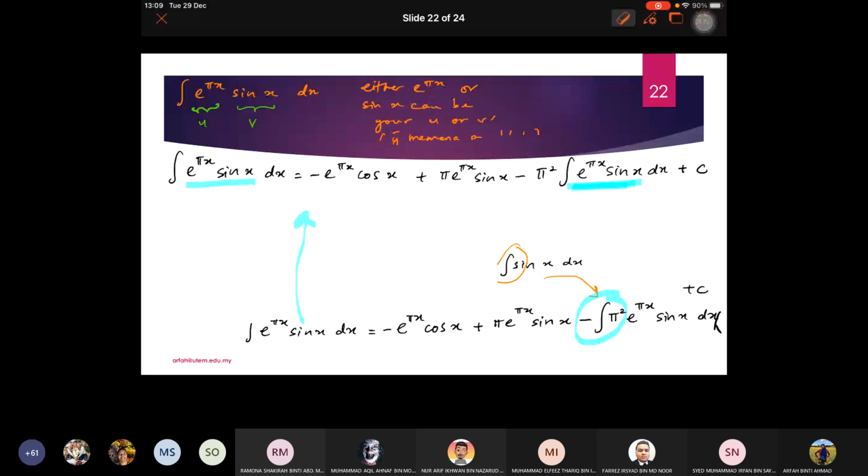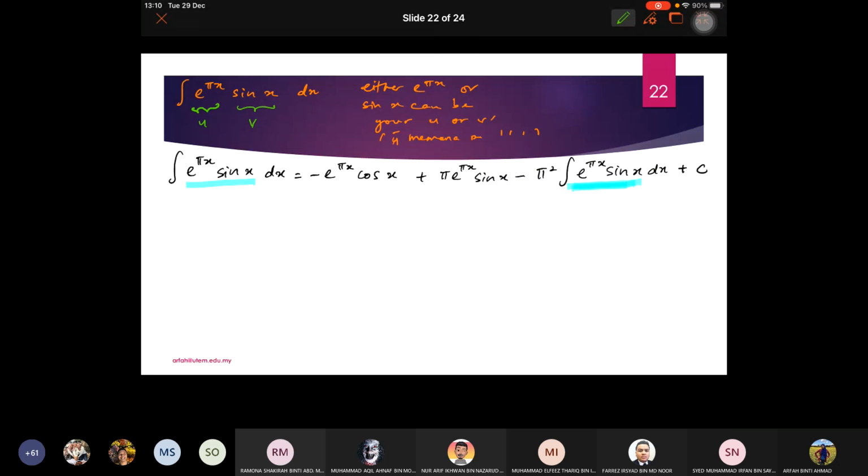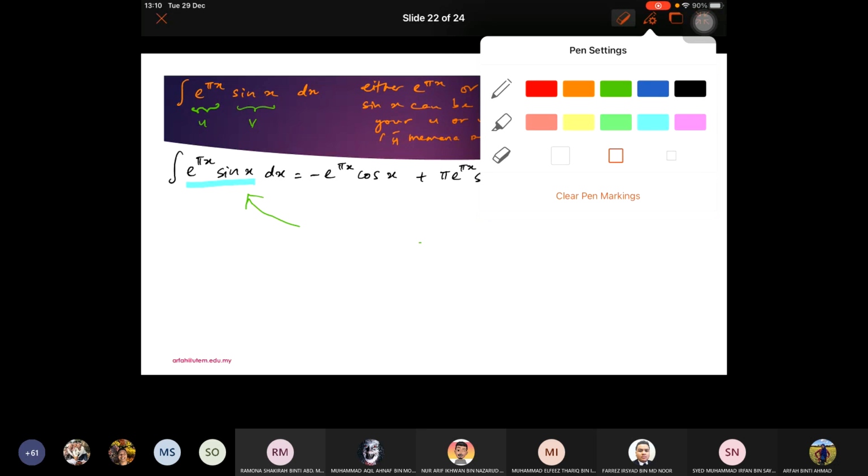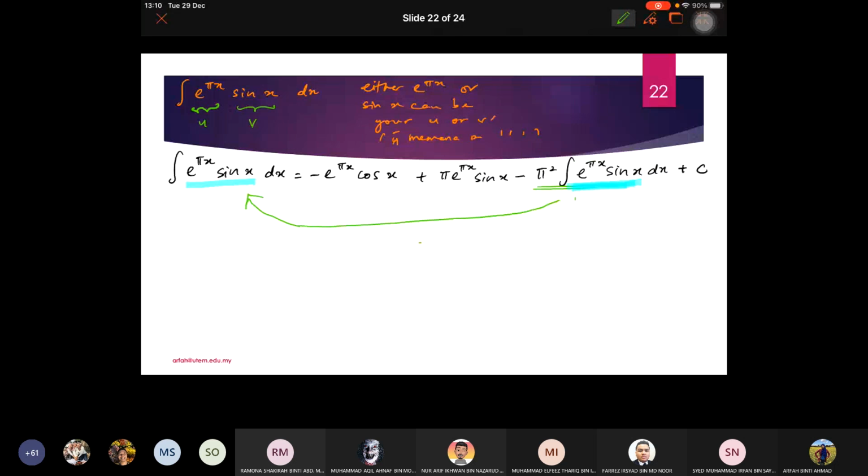So what we are going to do is awak pindahkan yang ada integration sign tu ke belah kiri, bukan belah kanan. Bawa yang belah kanan ke belah kiri.